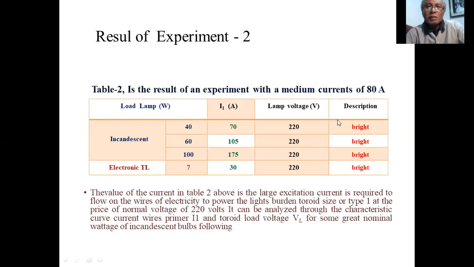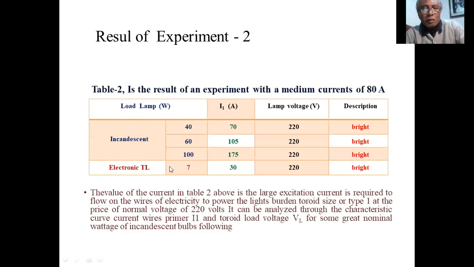And next, experiment 2. How much current is needed for the lamp: for the 40 watt lamp it is 70 amperes, for 60 watt it is 105 amperes, and for 100 watt it is 175 amperes.